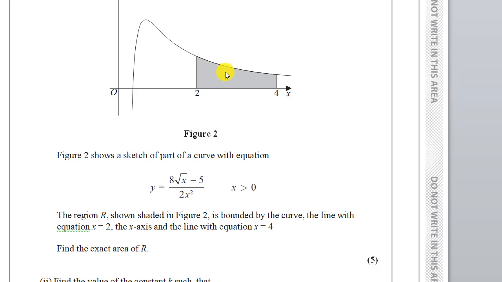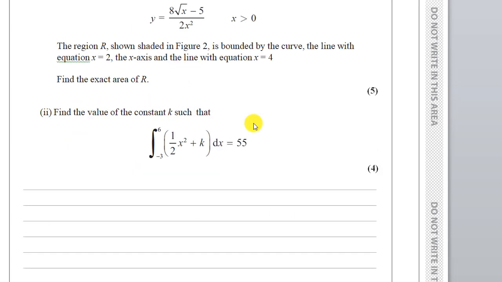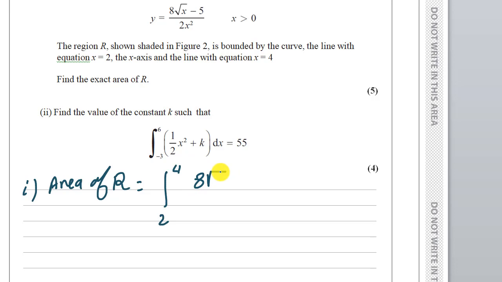To find R, I need to make integration for the curve from 2 to 4. Let us start now to find R. So this is part I. Area of R is equal to integration from 2 to 4 of 8 square root of x minus 5 divided by 2x squared dx.